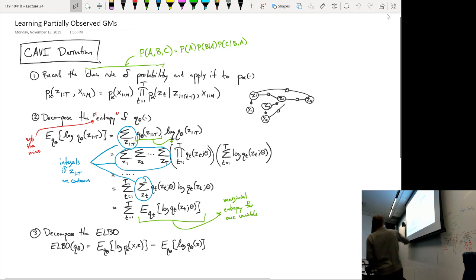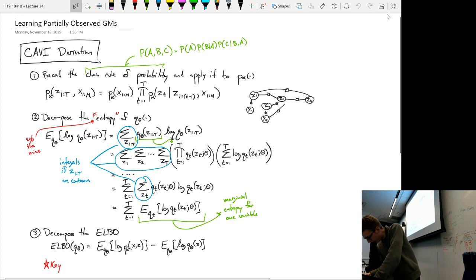So, okay, now we want to decompose the ELBO, and the trick is that we're only going to think about the ELBO as a function of one of the q terms. Okay, so why are we going to do this? Well, let's just jot that down.